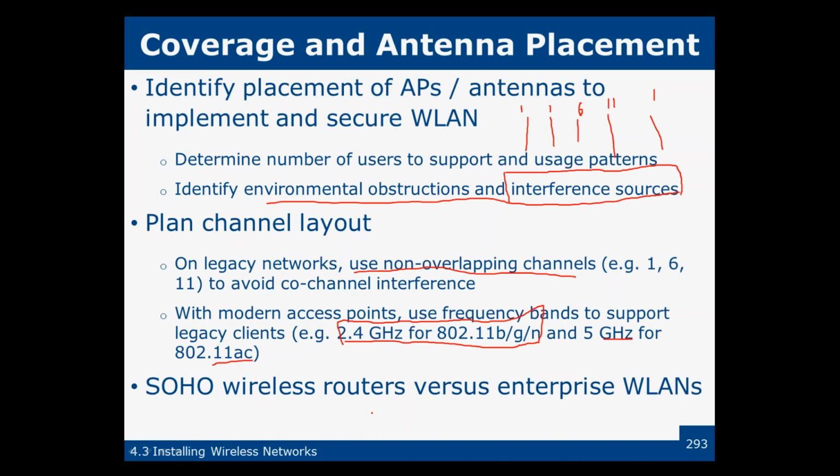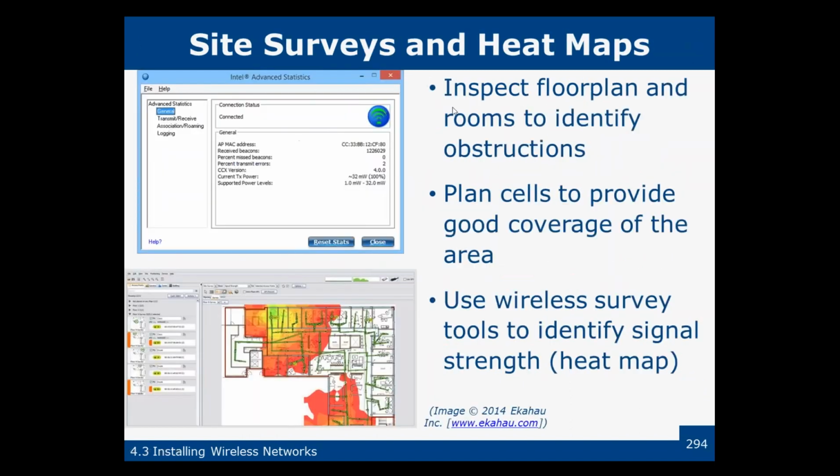Enterprise routers allow things like roaming, where you can go through the whole campus and never have to log off and log back on. Lightweight access points are managed by controllers, so that you manage all of them simultaneously, and you download or upload the configurations to the lightweight access points.